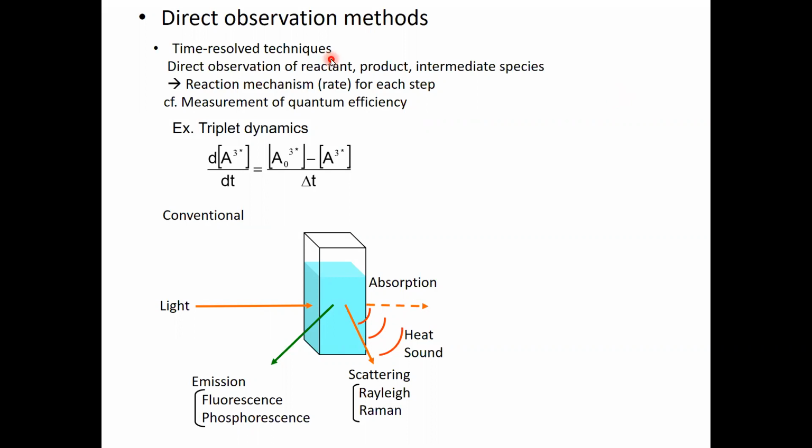Then, in some cases, you can directly observe reactant, product, and the intermediate species. And then you can understand the reaction mechanism for each step, which is different from the quantum efficiency measurement. It's a traditional technique.